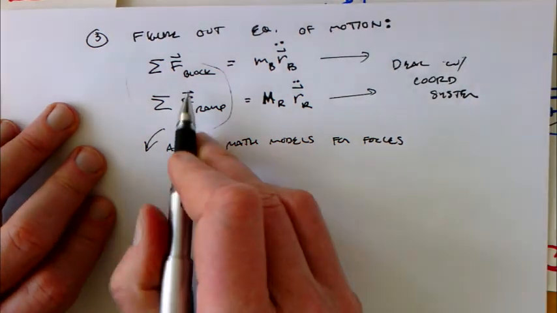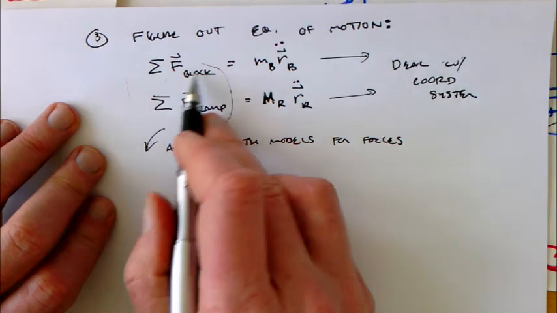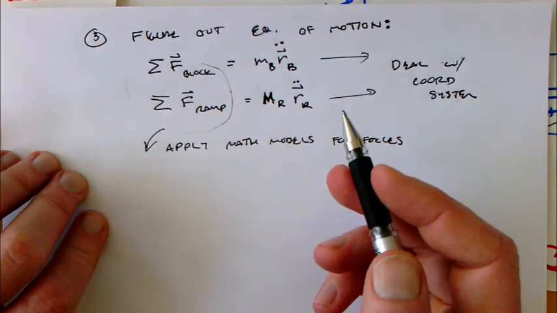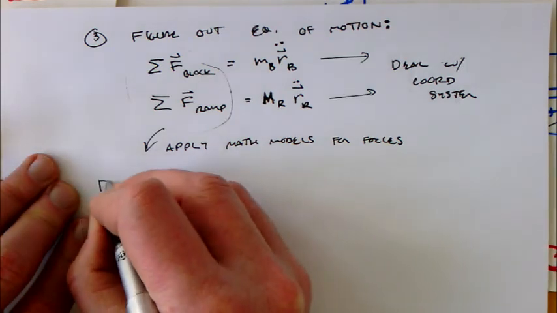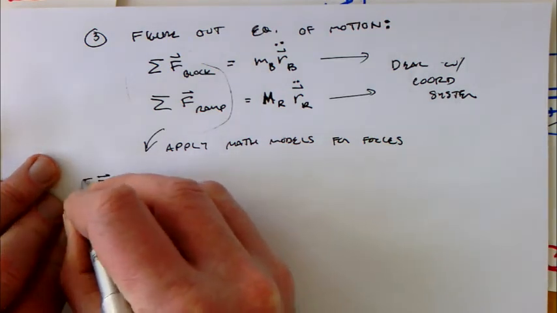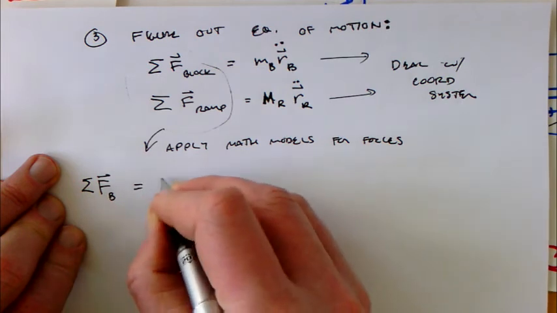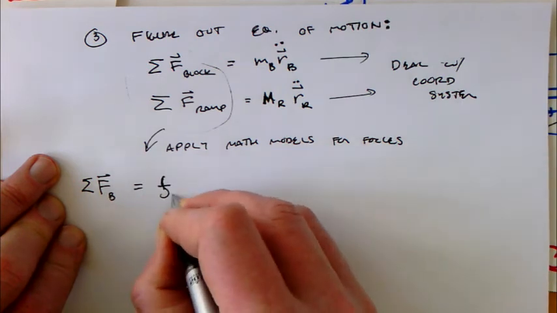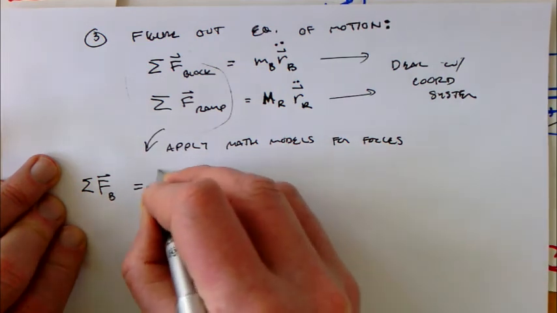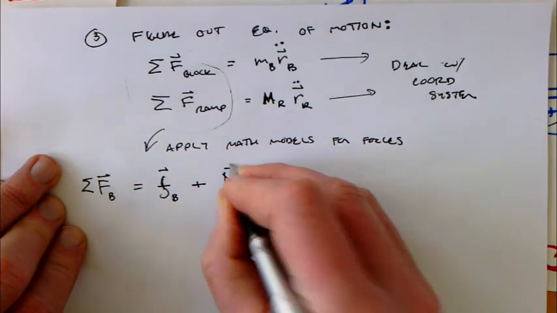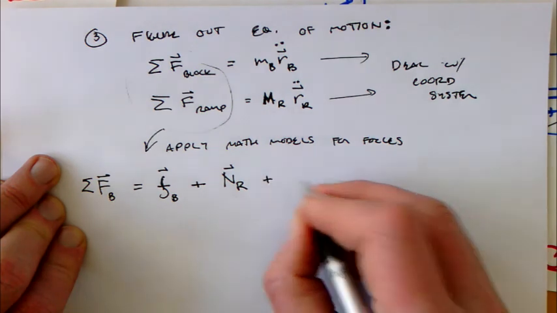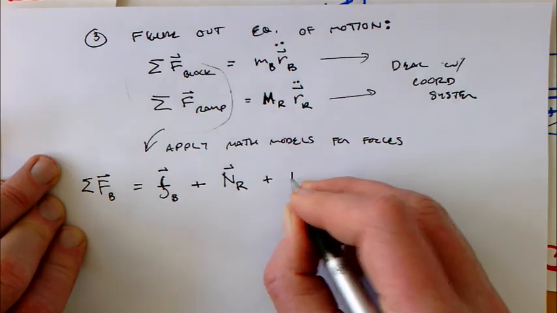So for example, if I think about the block, well, the sum of forces on the block is a frictional force on the block, plus whatever the normal force is that the ramp applies to the block, plus whatever the gravitational force is.